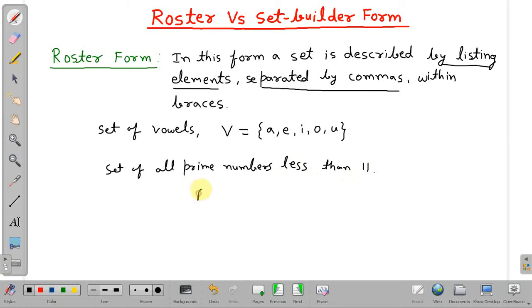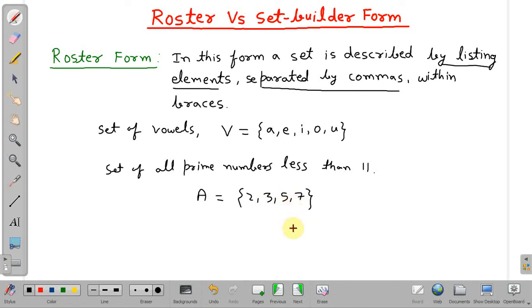We can denote it by set A. Prime numbers less than 11 should be included in this set, and the elements are 2, 3, 5, 7. You should not include 11 as it is not less than 11, it is equal to 11. So 2, 3, 5, 7 are the elements, separated by commas.